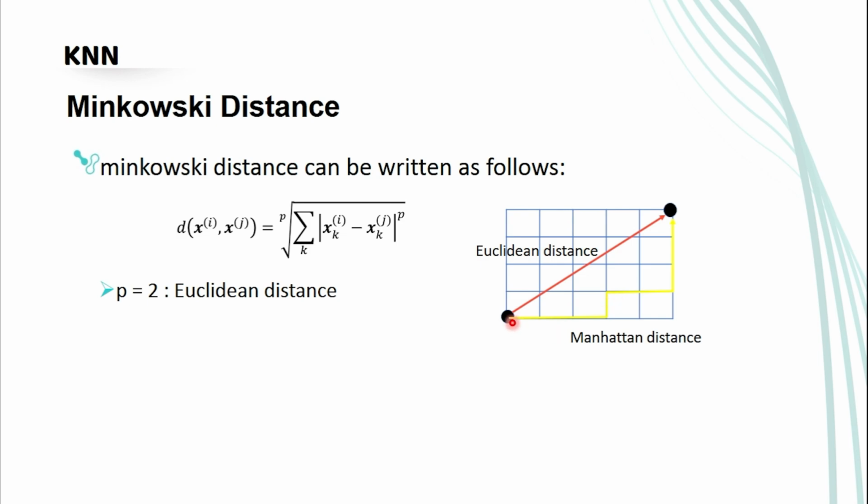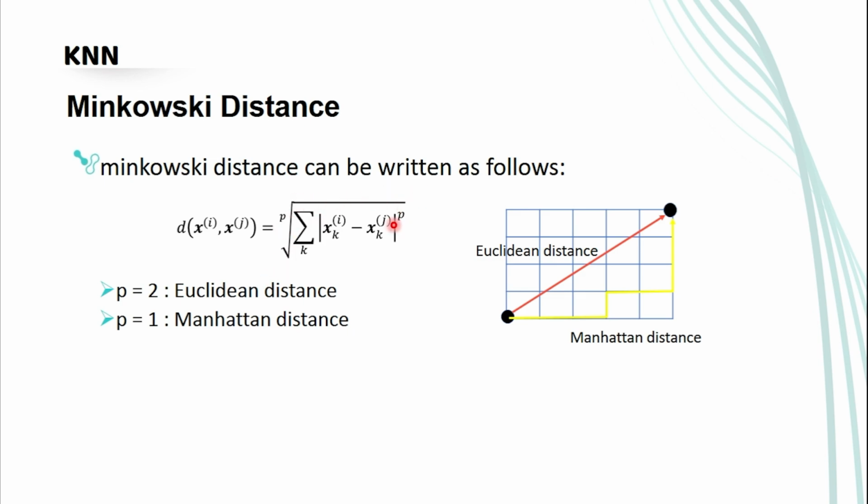So what is the minimal distance? Based on going up and going right from this point to this point, this is the Manhattan distance. It is the difference between the x coordinates plus the difference between the y coordinates. So here we just let p equal to 1, and you don't need to take the root.